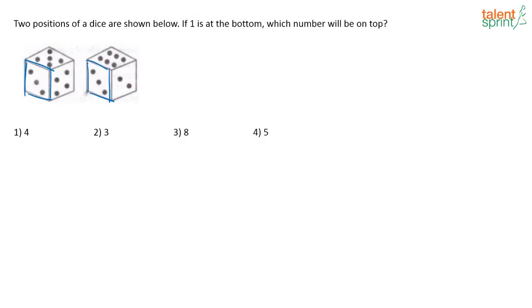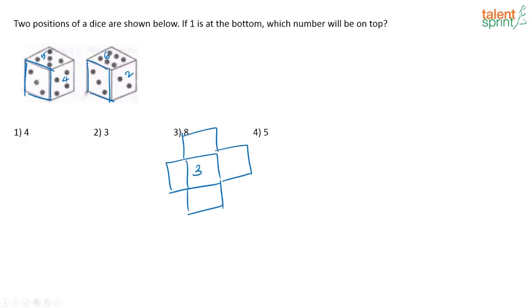Now if you look at the actual dice, for each face you will have 4 adjacent faces. So which are the 4 adjacent faces of this face which has 3 dots? One adjacent face has 4 dots, the other has 5 dots, the other has 2 dots, and the other has 6 dots. As I said, each face has 4 adjacent faces.